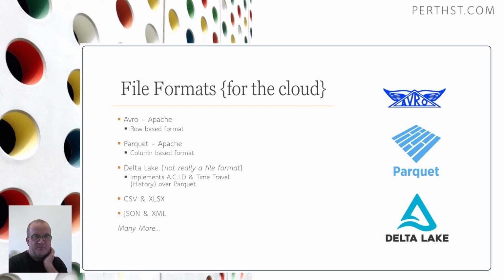So on these environments, the main file types that you're going to see are Avro from Apache, which is a row-based file format, Parquet from Apache, which is a column-based file format, and Delta Lake, which is not really a file format at all. Actually, it's an implementation of ACID compliance and time travel history over the top of Parquet files.